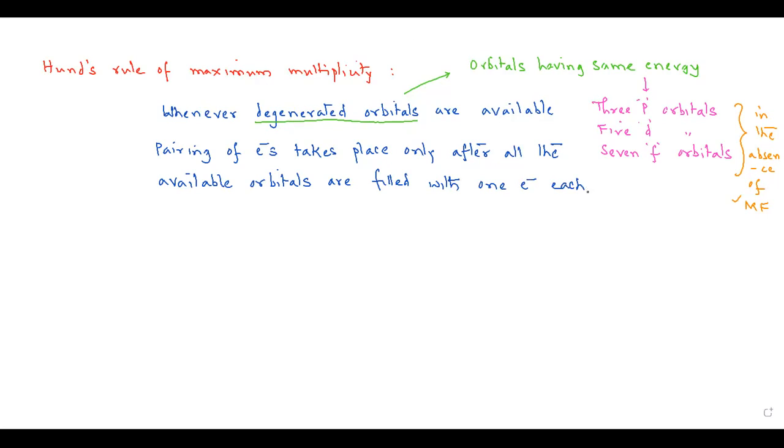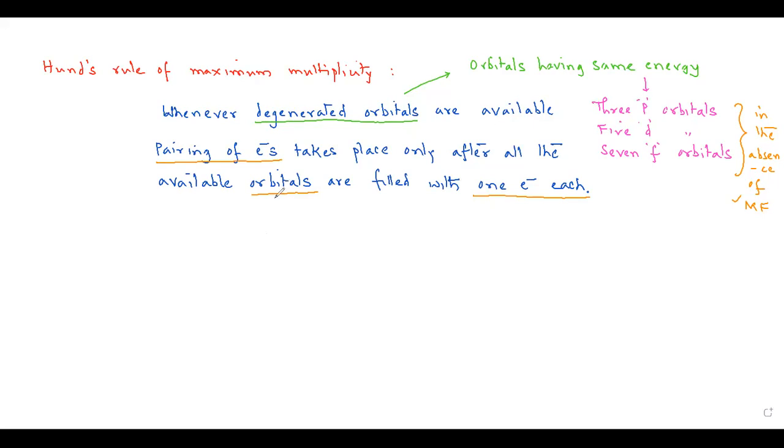This is very interesting. The other day I told you, pairing of electrons occurs once the orbitals are filled with one electron each. Let me show you that.